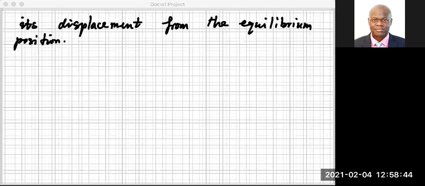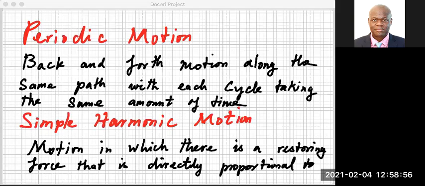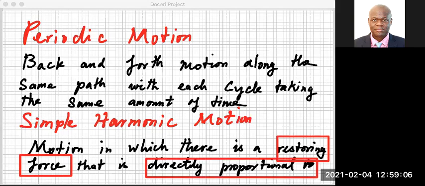That's why the necessary condition for simple harmonic motion is that there must be a restoring force. So that's the very first condition. And then the second condition is that it has to be directly proportional to the displacement from equilibrium.